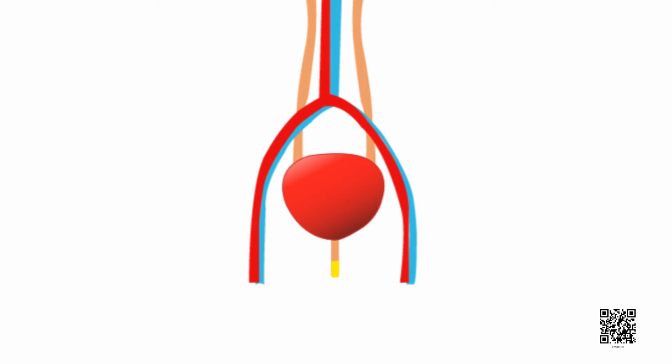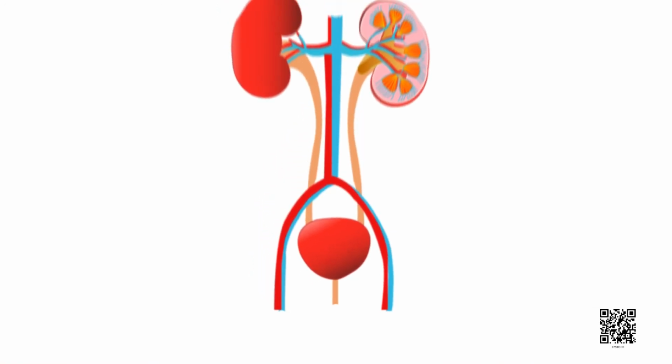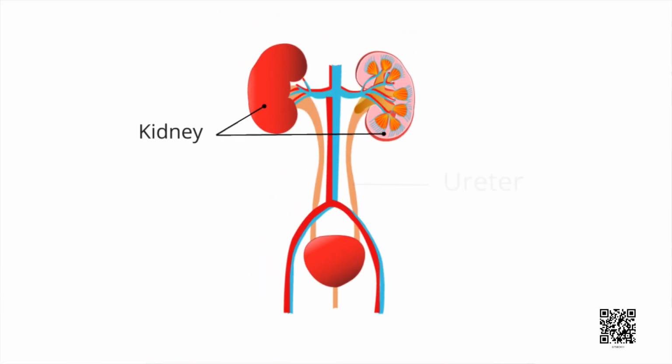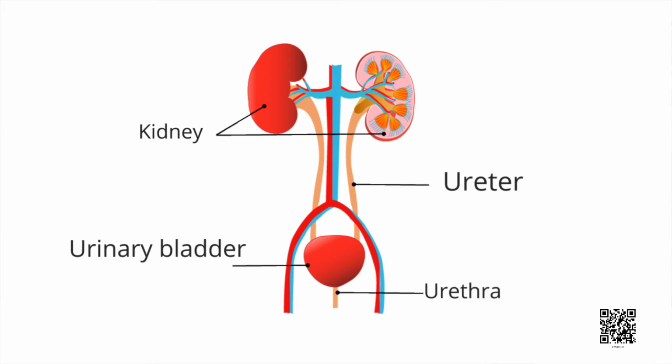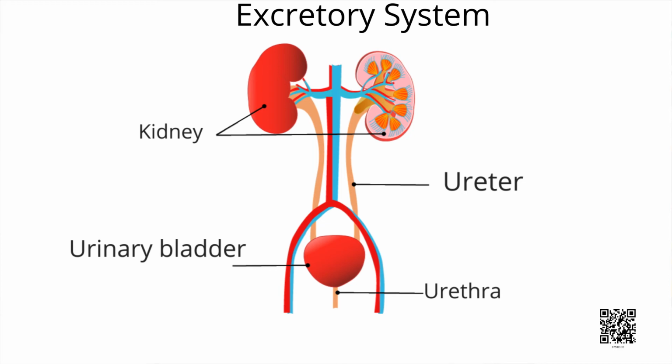So, dear students, in this way the kidneys, ureters, bladder and urethra form the excretory system and help us get rid of the waste materials.